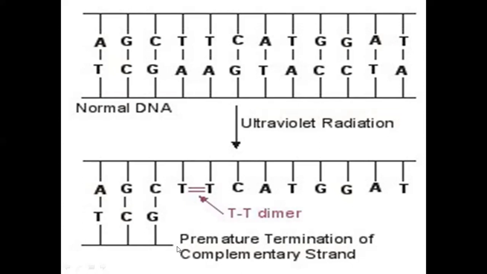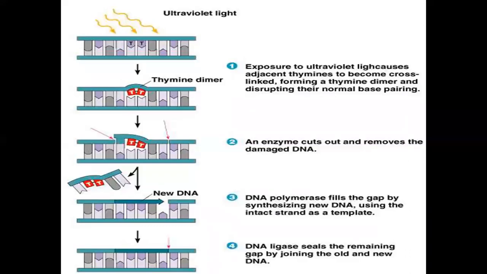When this is made, the complementary strand cannot continue to be synthesized. It cannot go on. So there's a premature termination of the complementary strand. This is the effect of UV light, which is non-ionizing radiation.